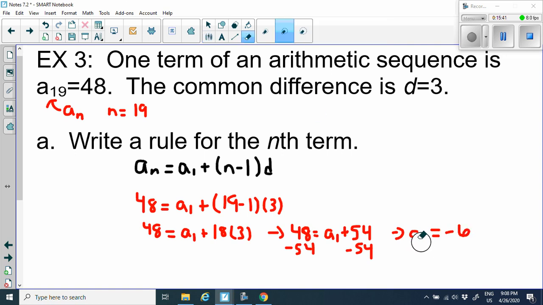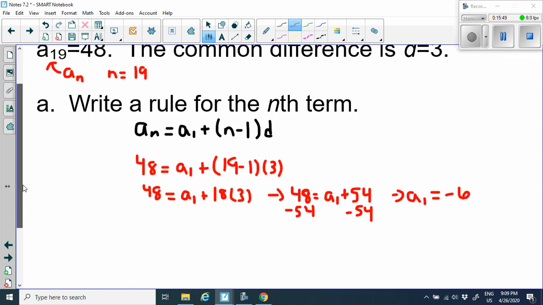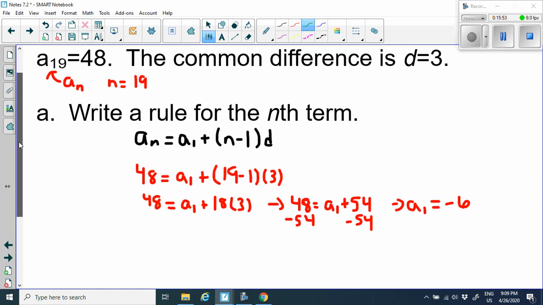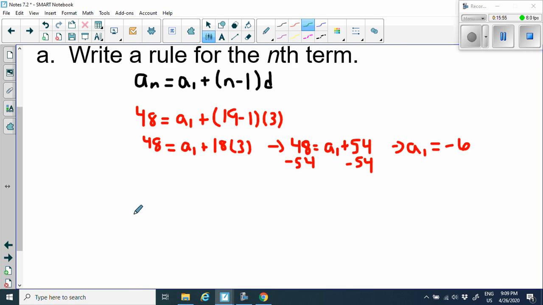Okay, so now I'm going to plug that back into my rule, into the formula, and I'm going to plug in my common difference. Remember, the common difference is 3. So I have a sub n equals negative 6 plus n minus 1 times 3.